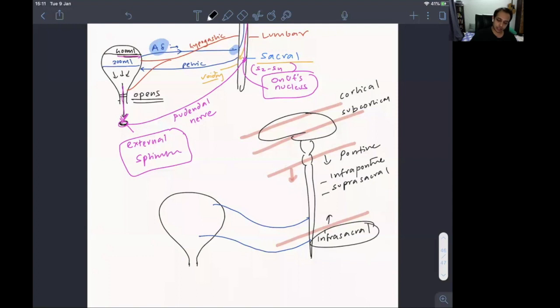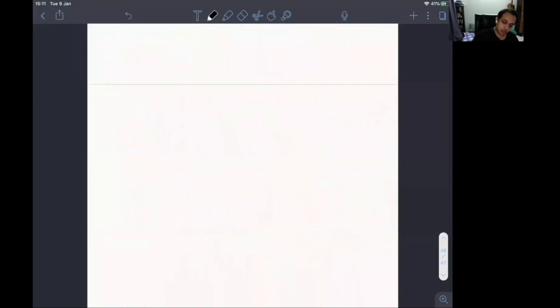And by infrasacral, you mean either in the bladder itself or in the nerve fibers connecting the bladder to the spinal cord. So these are the different sites of lesion that can happen, and each one of these sites will affect the bladder in a different way. So what will happen when there is a lesion in each one of these areas?